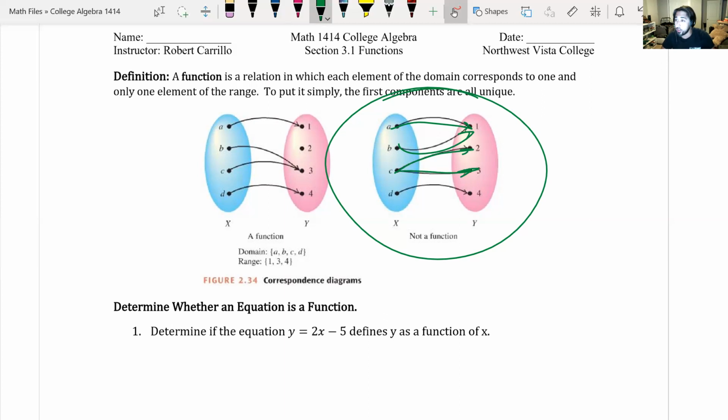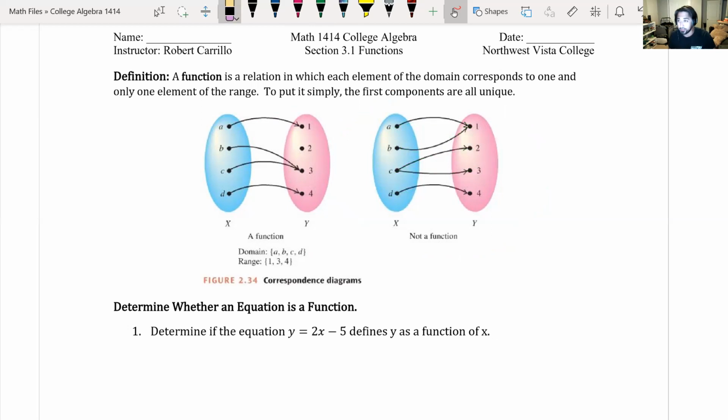That is a no-no, because now we are saying one x value has two y values, and that is not the definition of a function. The definition of a function, one x value has one and only one y value. And then D goes to 4, but it does not matter since one x value has two y values. This is not a function. It does not represent a function.